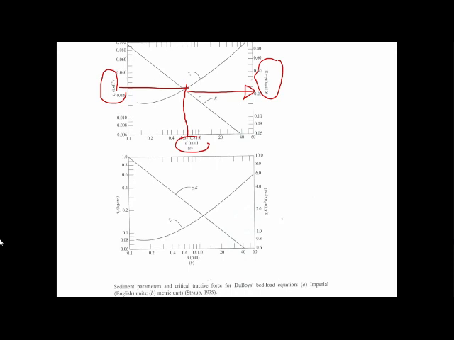The difference between this graph and this graph is only in the unit. This one is in British units, the top one, and the bottom one is in SI units. So this is the graph that was derived to determine the K value for the Du Bois sediment transport equation.